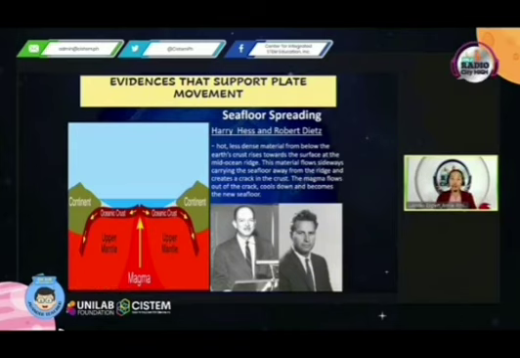So according to him, hot, less dense material from below the Earth's crust rises towards the surface at the mid-ocean ridge, just like in the figure being shown on the left. All right, so this material flows, carrying the seafloor away from the ridge, which creates a crack in the crust. So the magma goes out of the crack, goes down, and becomes the new seafloor.